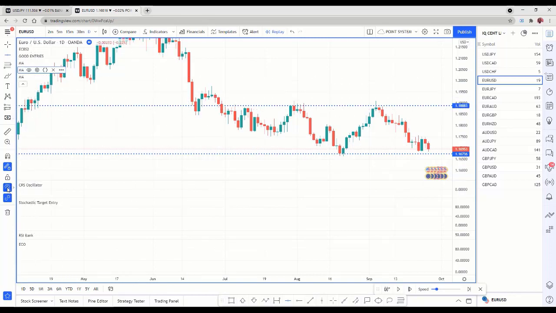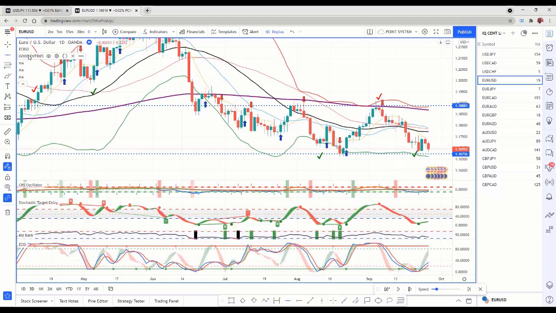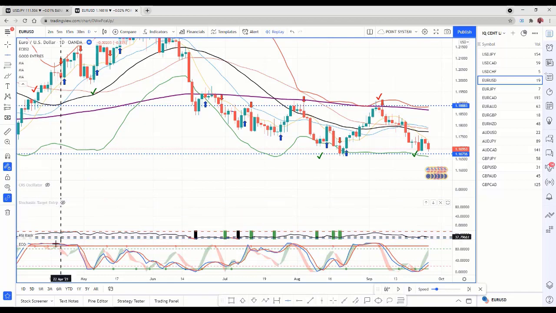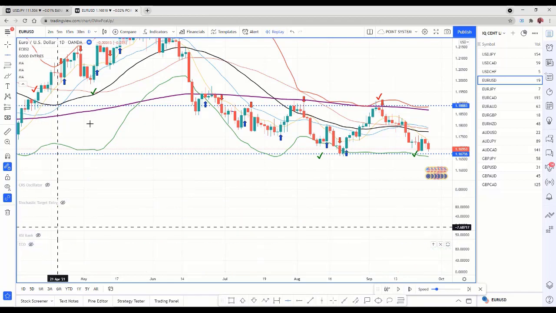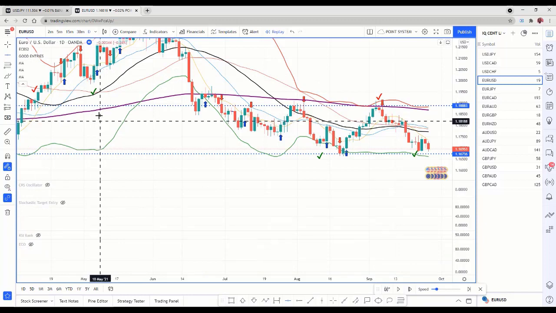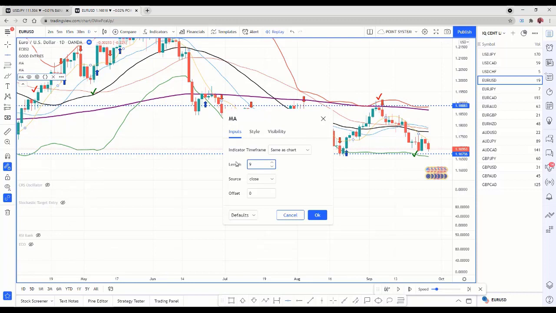I really wanted to have some of these indicators so that I can explain them later. Okay, now we are seeing what I want us to see. Now we make this 200.